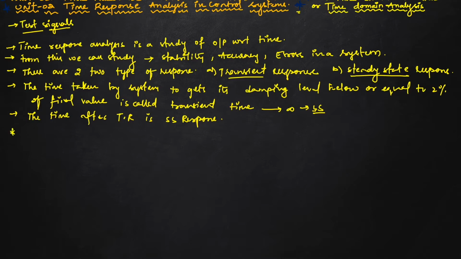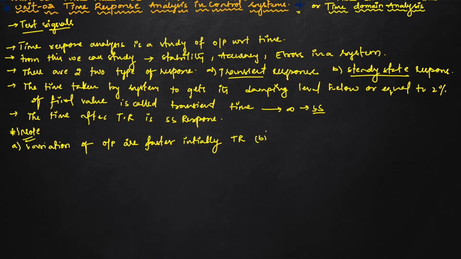Here, the things you have to note and observe: first, the variations, or the changes you will see in the output, are faster. Those changes will be faster initially, at the starting stages of the system, very high, in the case of the transient response.